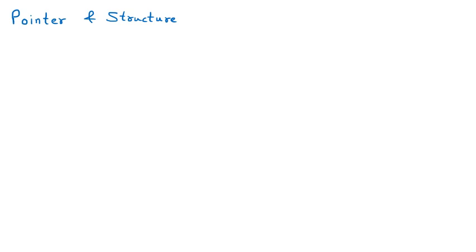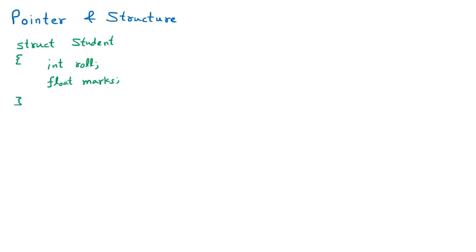Let us suppose I am taking case 1, in which we are using a simple pointer with the structure. Struct is the keyword we use to create a structure. Let us suppose student. So one structure is created with the name student, and we declare int roll number, so one roll number of integer type, and float type marks.